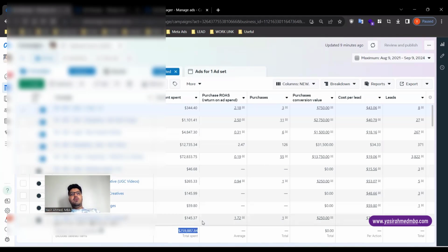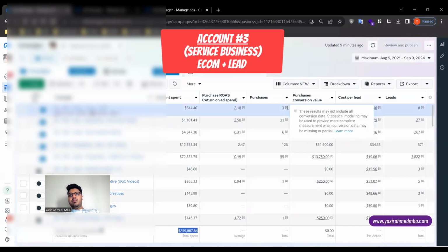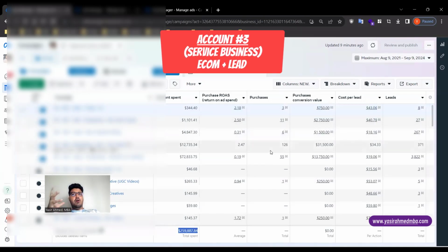So basically, you could see that some of the earliest campaigns over here, like $300, $1,000 total spent, right? They might be running for a long time or short time, $12,000 whatsoever. You can see over here the ROAS is 2.50, 2.4, and the rest goes on. And you can similarly see the purchases over here, 3, 11, 6, 126, depending on how long the ad is running.